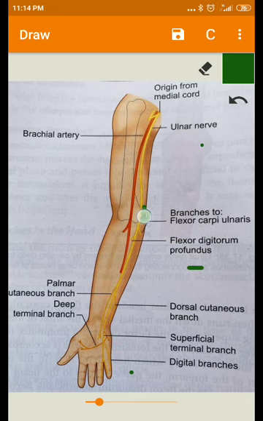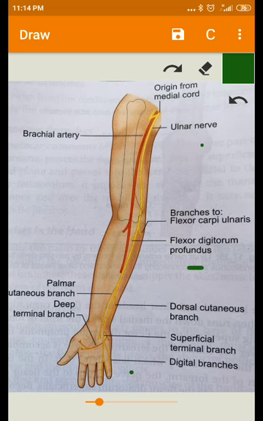Okay. And when it pierces the flexor carpi ulnaris, it is passing in between the two heads of the flexor carpi ulnaris.